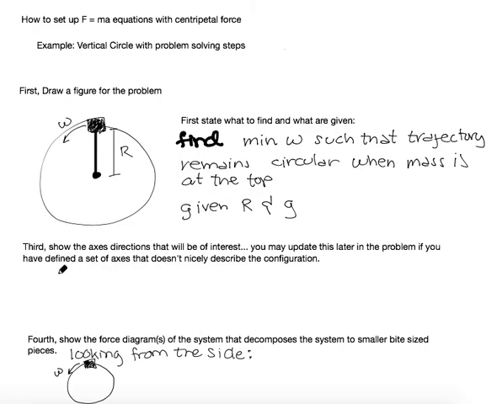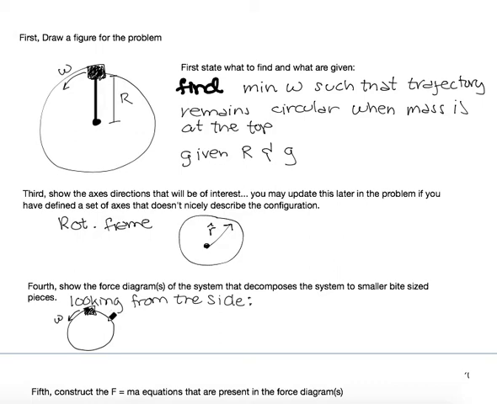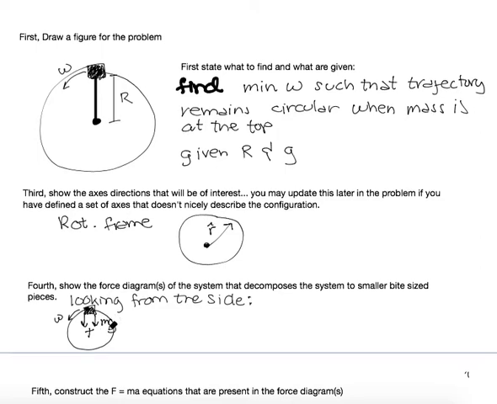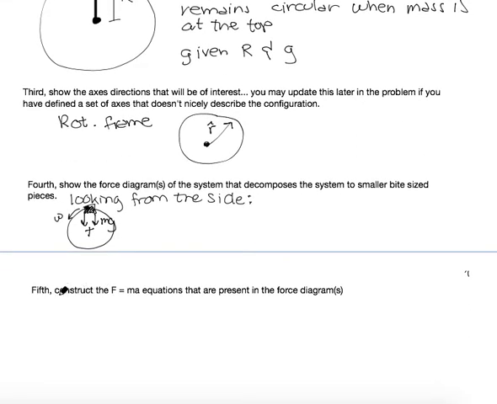Next I'm going to show the axes, the rotating frame axes, which is just the r hat. And next we look at the force diagrams. So it's tension and gravity, mass times gravity. From that force diagram, we can make the F equals ma equations.